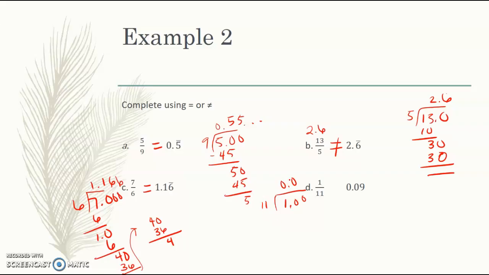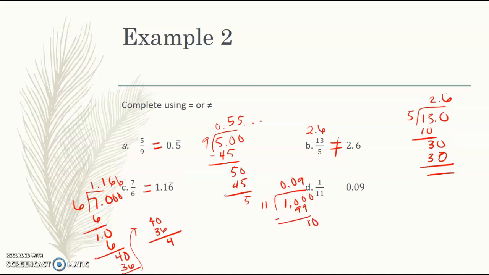And 11 goes into 100 9 times. And so then we have 99. And we subtract, and we're left with 1. And then I know that 11 doesn't go into 1.